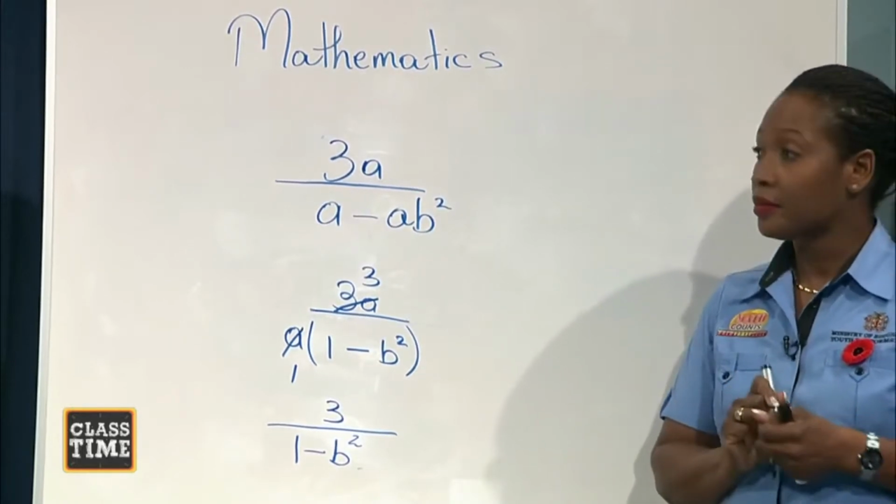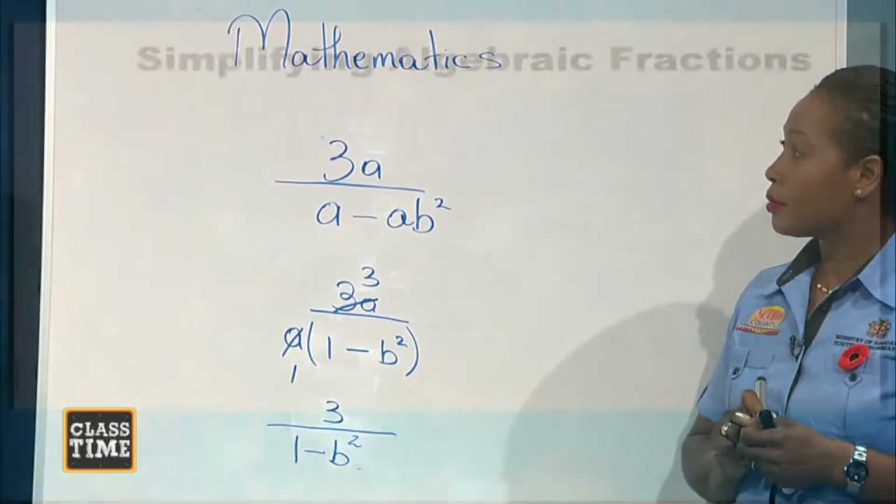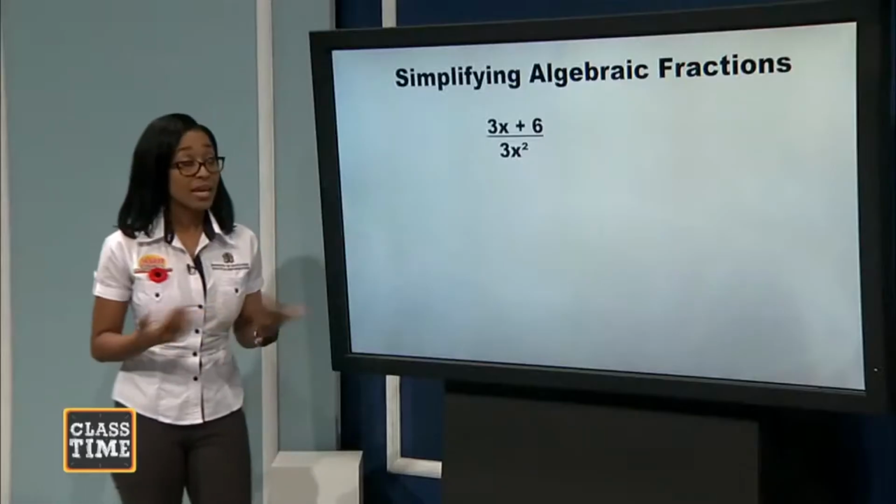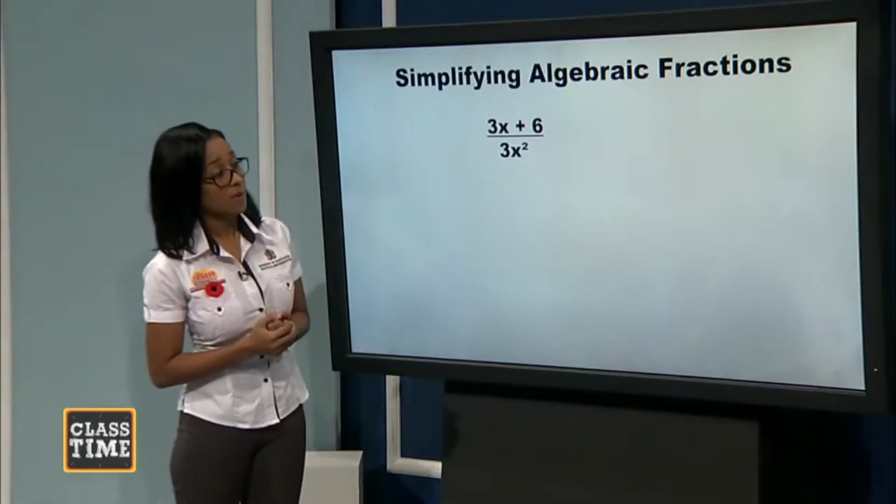But let's take a look at one more just to ensure that we're following. So we have 3x plus 6 all divided by 3x squared. Based on what we have been doing earlier, we know that we have to look at our numerator and denominator, recognize if there's an expression, and then we do our simplification by finding the highest common factor.